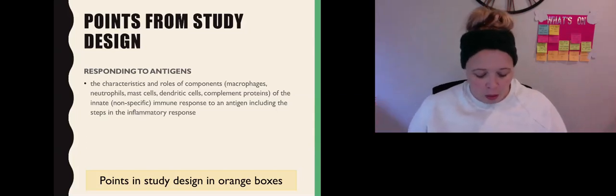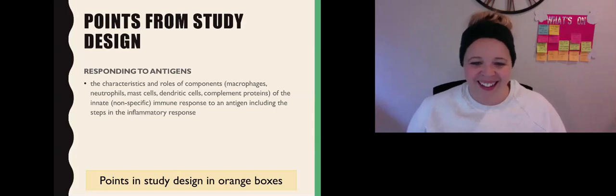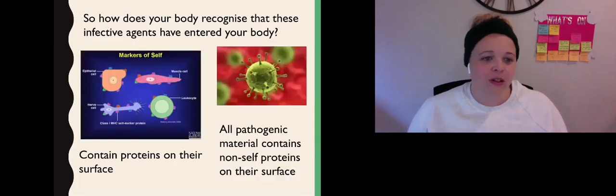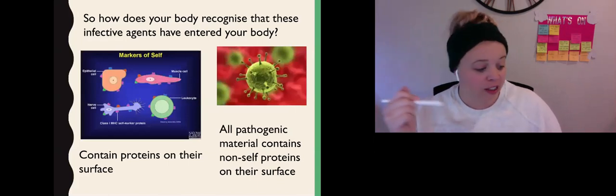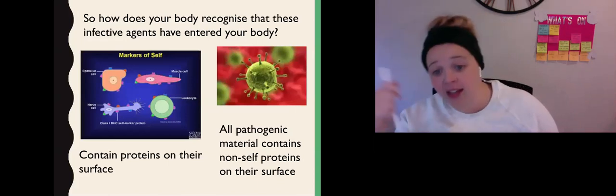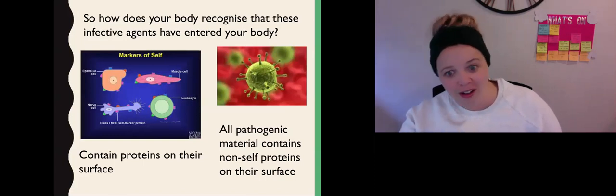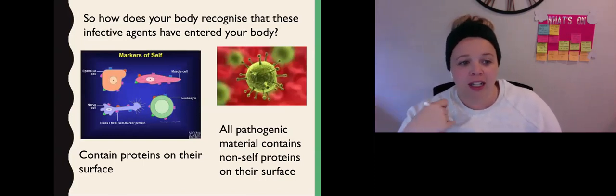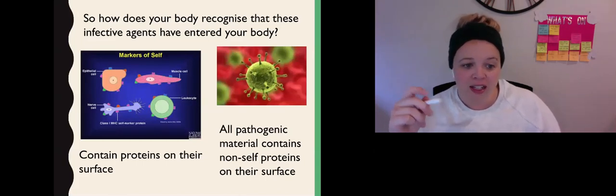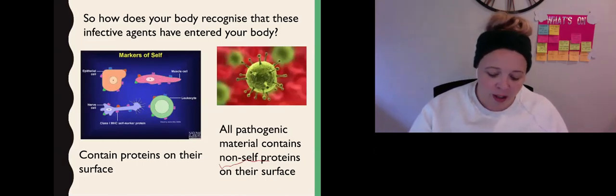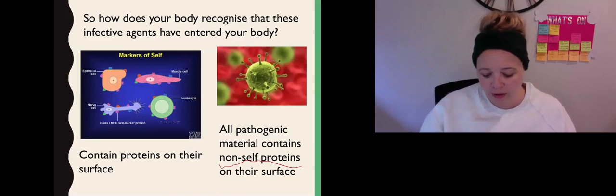So what does that mean? When we go on to this, we need to go back and refresh the fact that we had highlighters stuck to our heads as well as spoons and whatever else we had. Your body can recognize infective agents by identifying their non-self proteins or their non-self antigens.